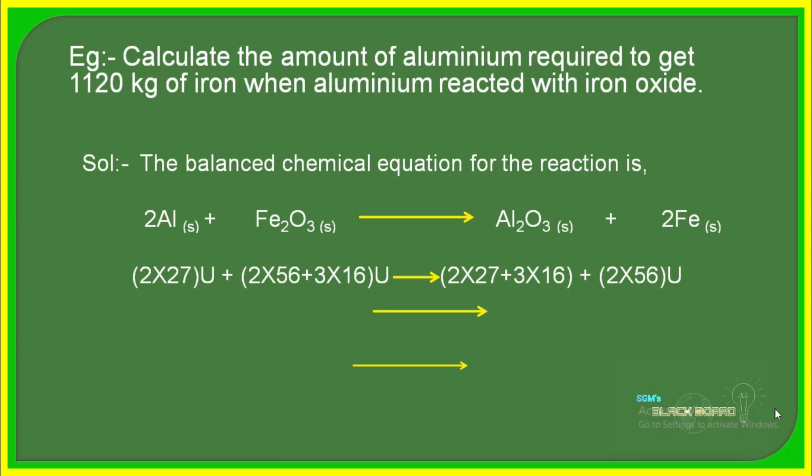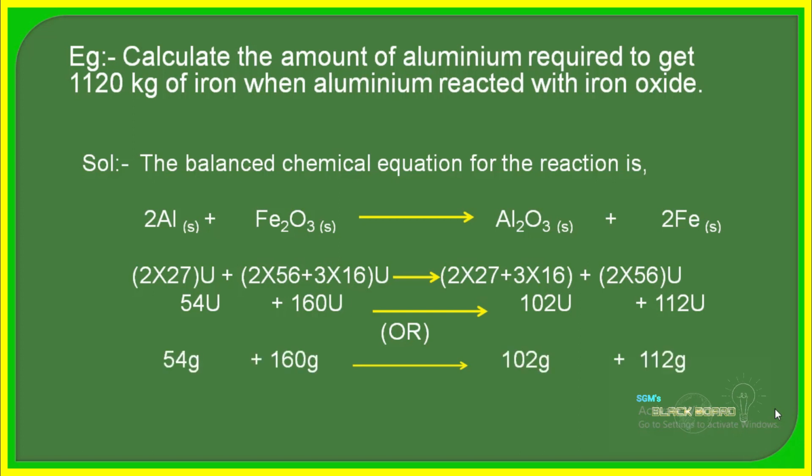Like that, aluminum oxide is 2 into 27 plus 3 into 16 units, plus 2Fe. Iron unified mass is 56 units, and 2 iron atoms are there, so 2 into 56 units. So here 54 units of aluminium react with 160 units of iron oxide to get 102 units of aluminum oxide, and 112 units of iron are produced.